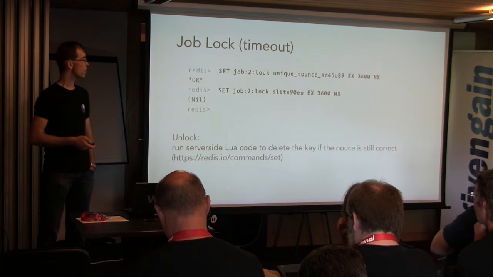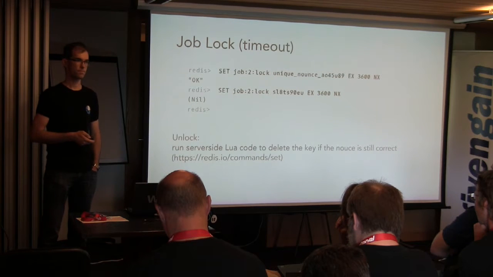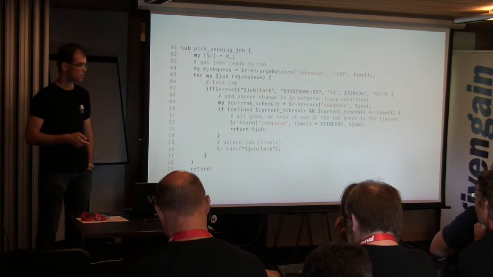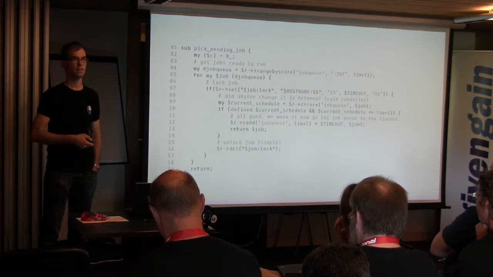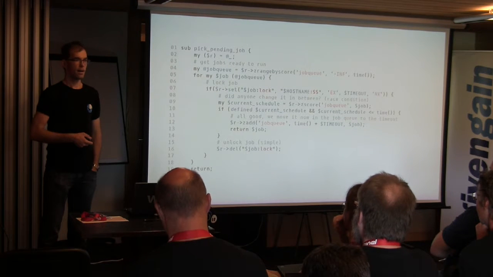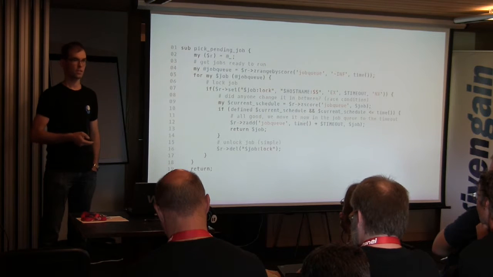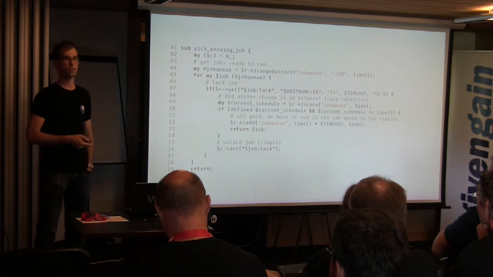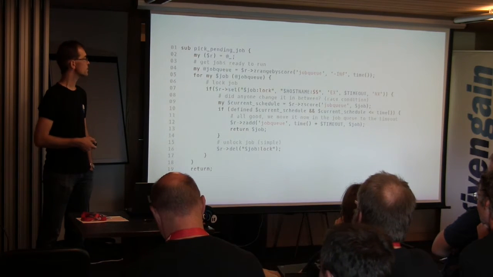Okay, we now already have how we want to do our data model, how we want to do it in Redis. So I will now present to you the kind of hard procedure of this job scheduling system, which gets you a job from the job queue which is now ready to run on the worker level.